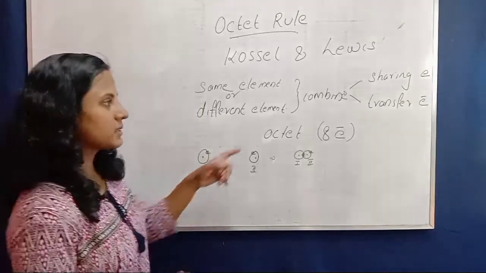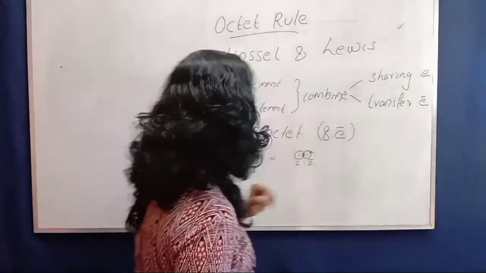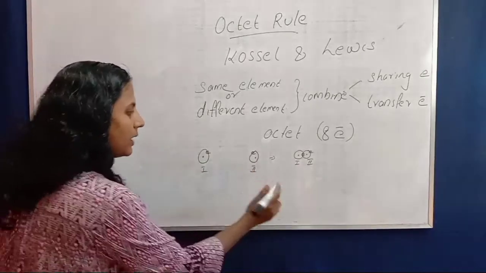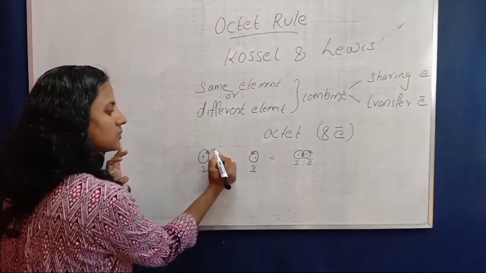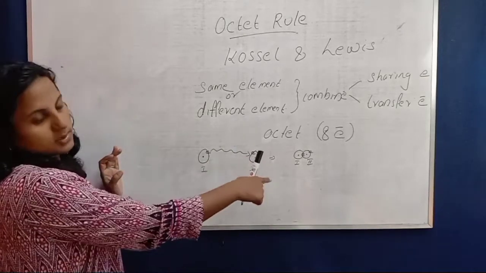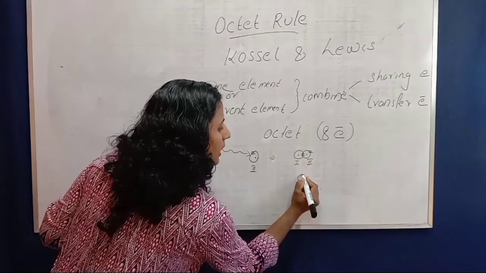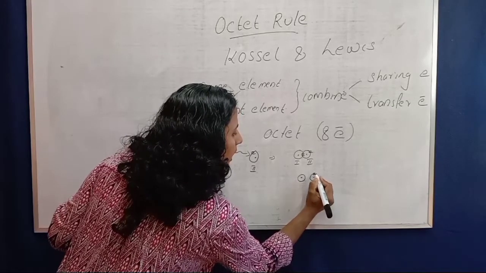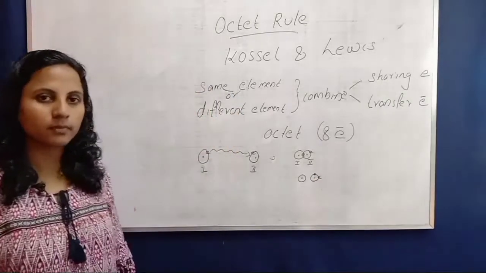Okay. Next, how? By the transfer of electron. How does electron transfer? These are the two atoms and this atom will transfer its electron to this atom. Therefore, this atom does not contain an electron and this atom will have 2 electrons. Understood?